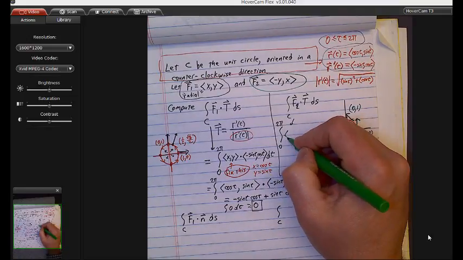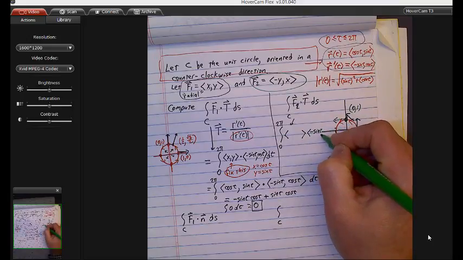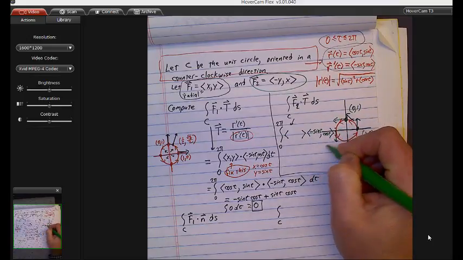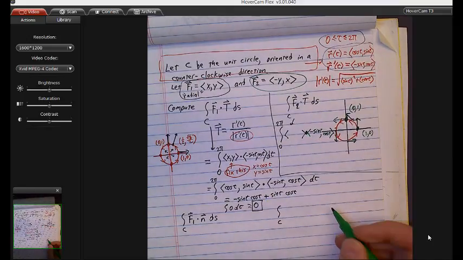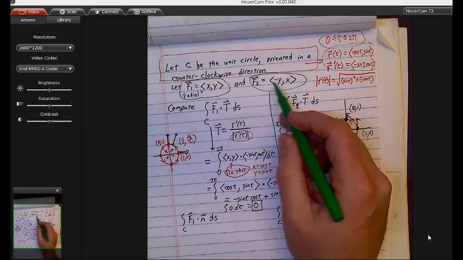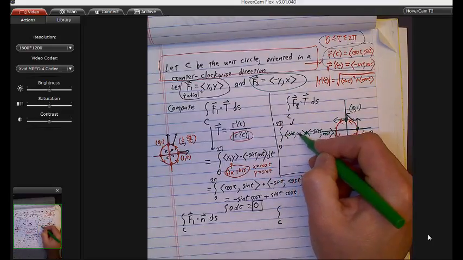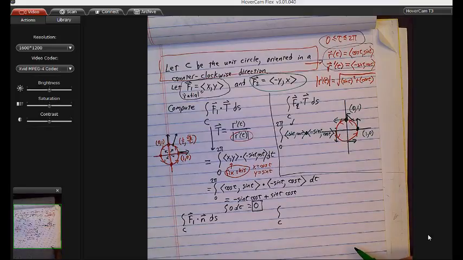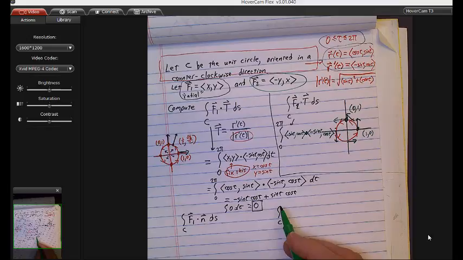The biggest difference is what are we dotting with negative sine and cosine? It would be negative sine and cosine, so we're going to dot this vector with itself.